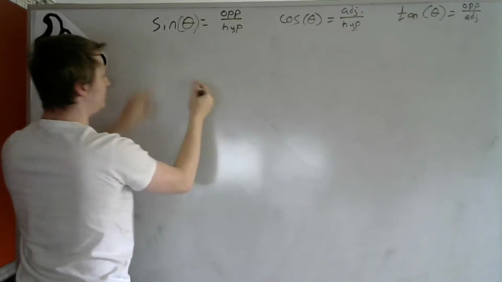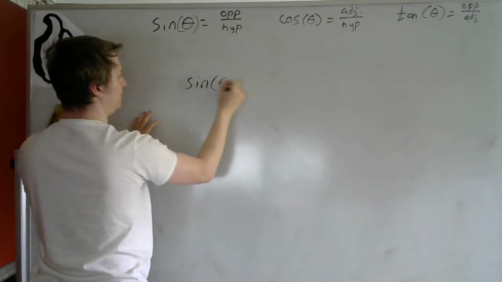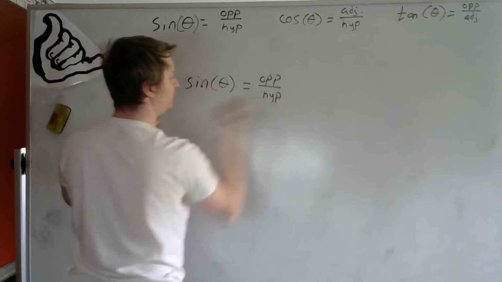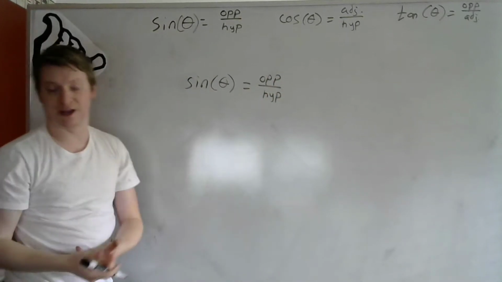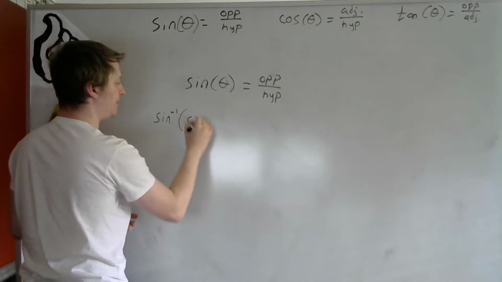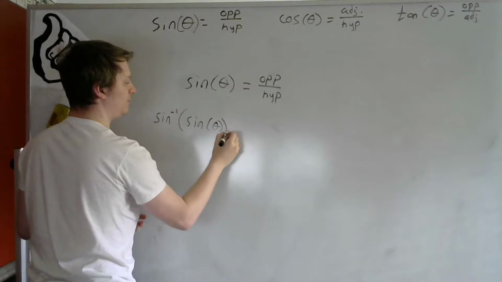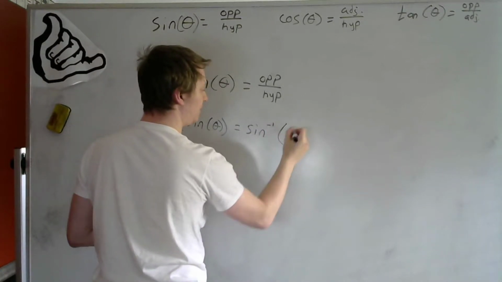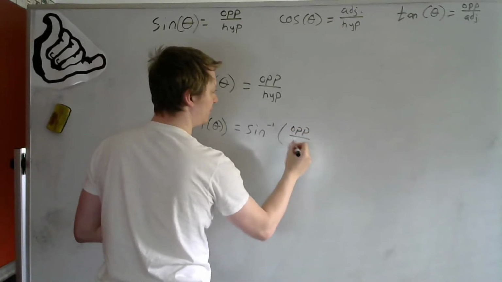So here's our equation. Sine theta equals opposite over hypotenuse. I can apply the inverse sine to both sides. So I can take the sine inverse of the sine of theta. And I can then also do that to the other side. Take the inverse sine of the opposite over the hypotenuse.